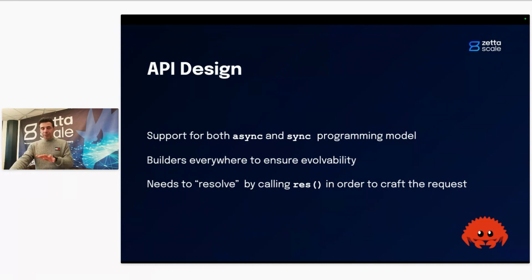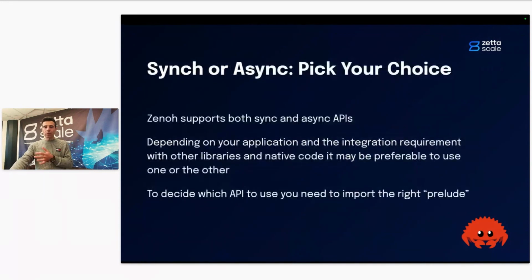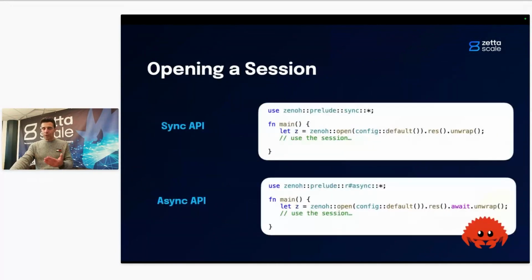Besides providing sync and async APIs, we use builders everywhere to ensure evolvability, and there is this res that you have to use to craft your request, which is eventually executed. How do you choose which API you want to use? Just by doing the proper import and pulling in the right prelude. If you do use zenoh::prelude::sync::*, that is the synchronous prelude.